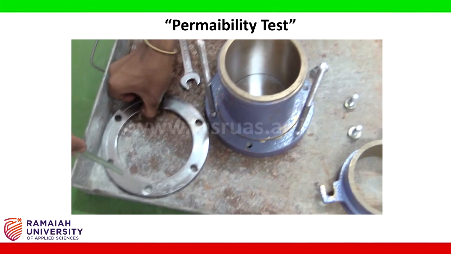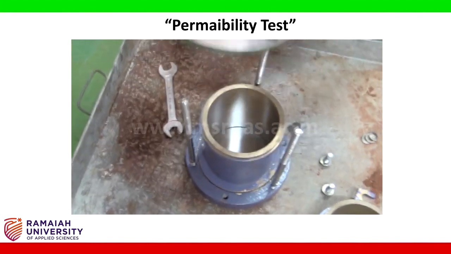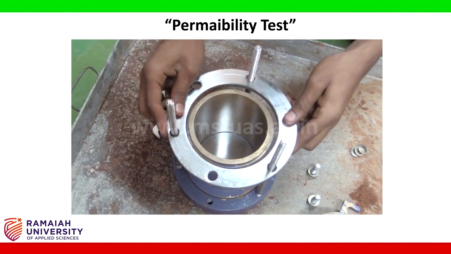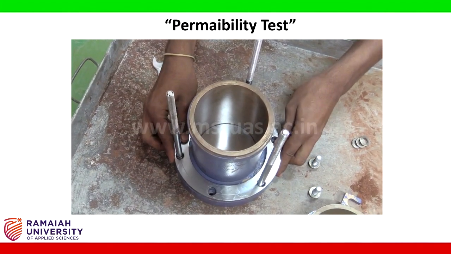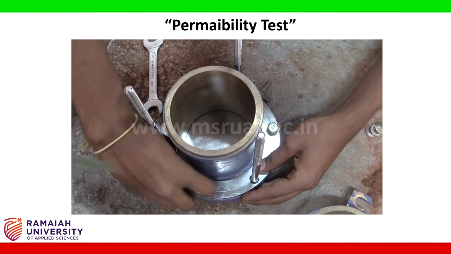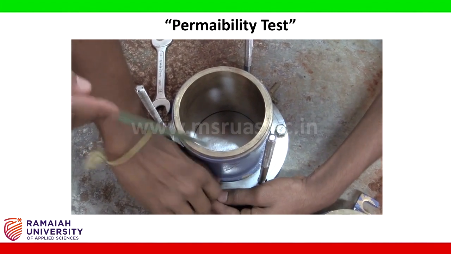Place the metal ring to hold the mold in position with the base plate. Tighten the nuts and bolts properly in place such that the mold is held firmly with the base plate.